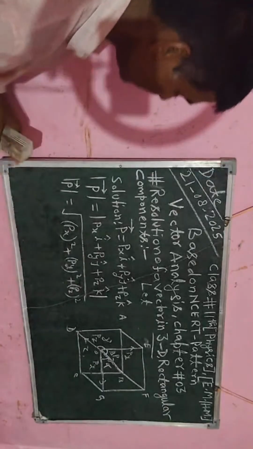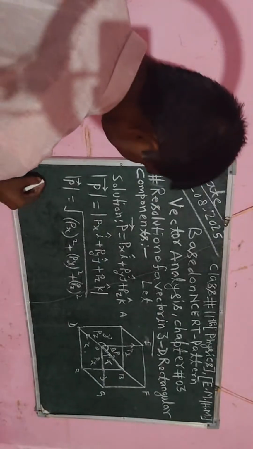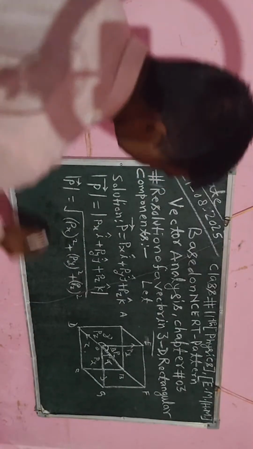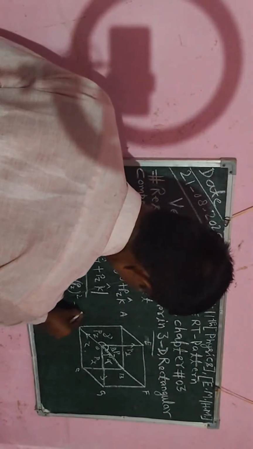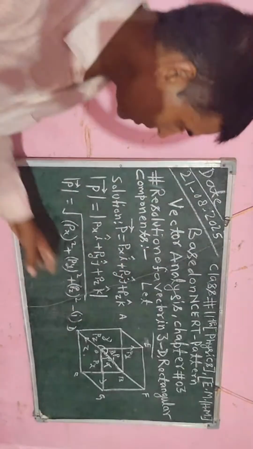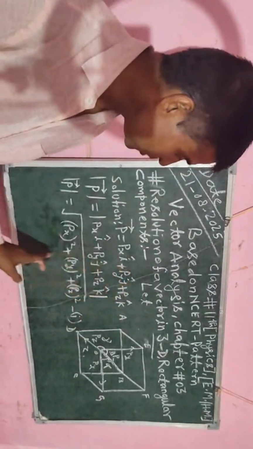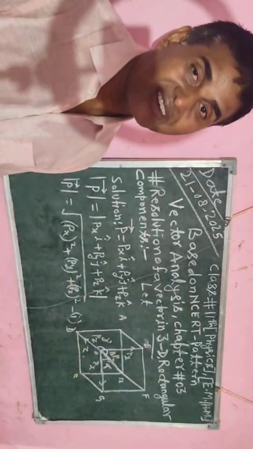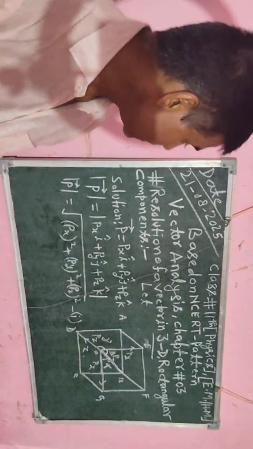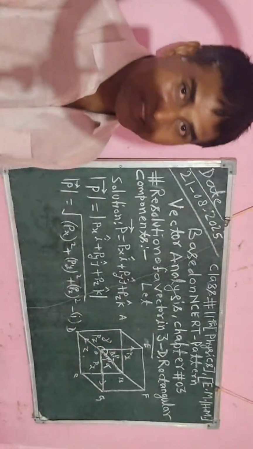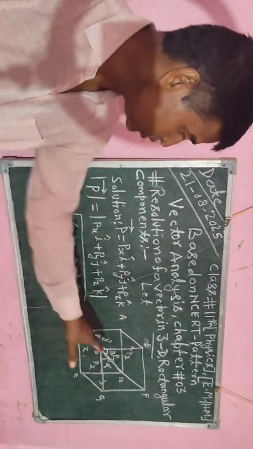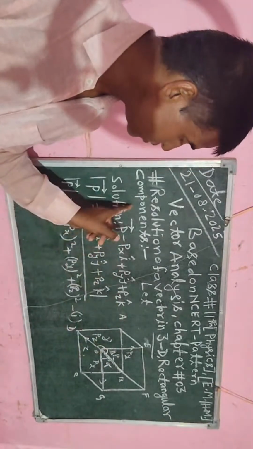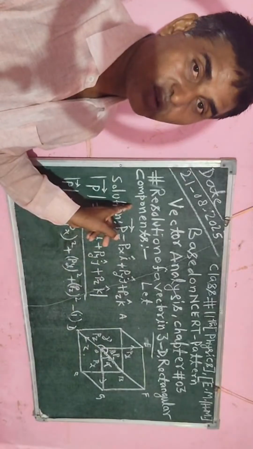This is information number 1, which I have got from the vector, and this information I have written in the diagram, that is the three-dimensional rectangular diagram, and I have to write all components from it.